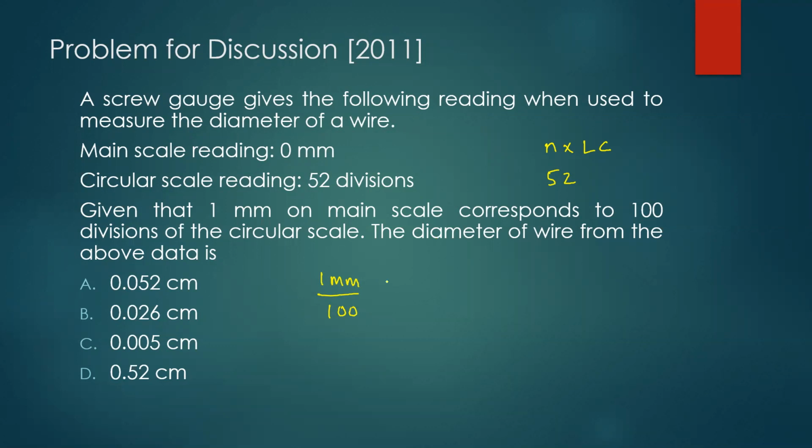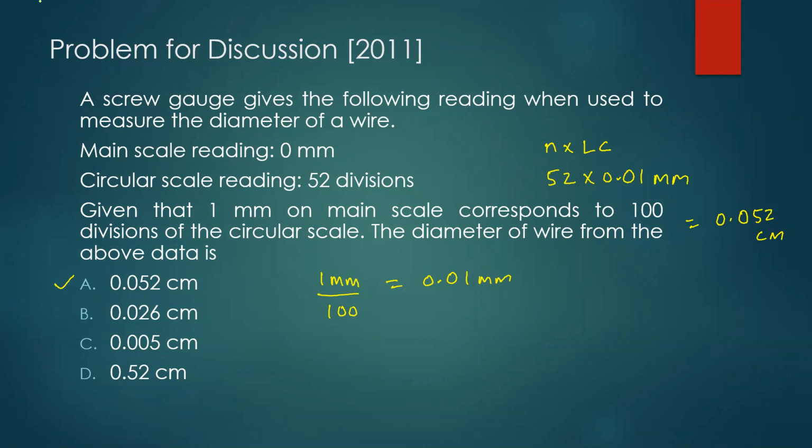So you have 0.01 millimeters. Okay, so you just substitute here 0.01 millimeters. So that would be 0.52 millimeters. The options are in centimeters, so this will be A. Very good.